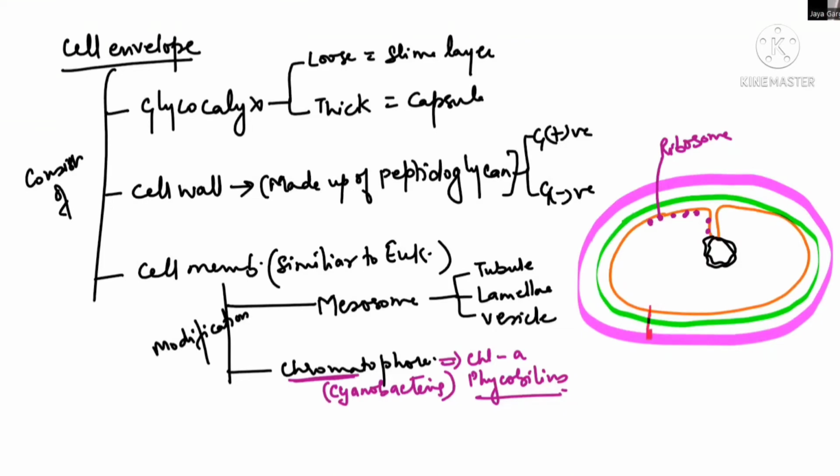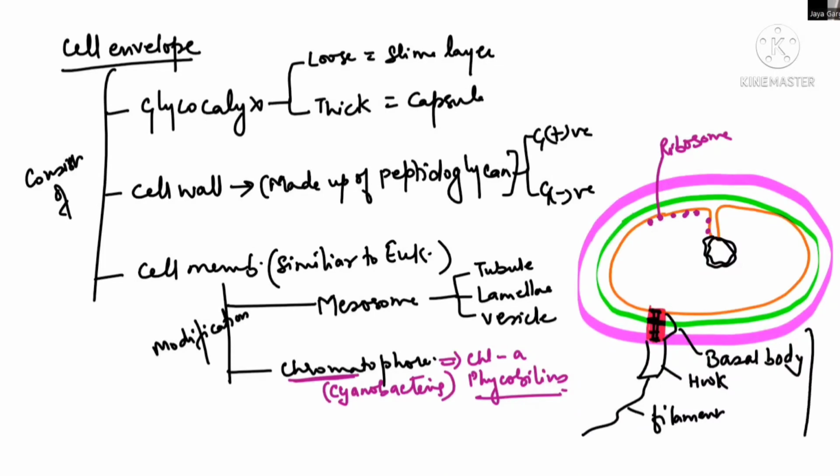Let me draw the diagram. Imagine this is one rod-like structure present inside. In this, rings will be present, so this is making the basal body. This is the hook and this is the filament.